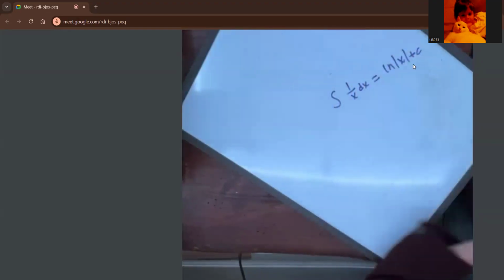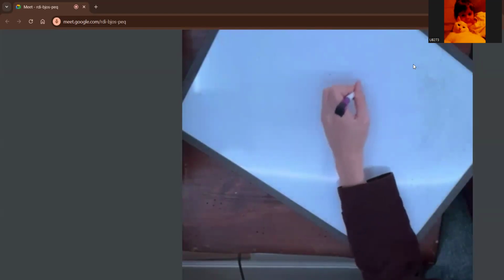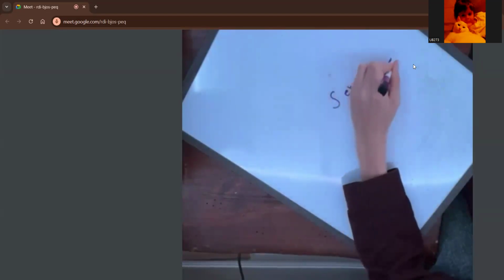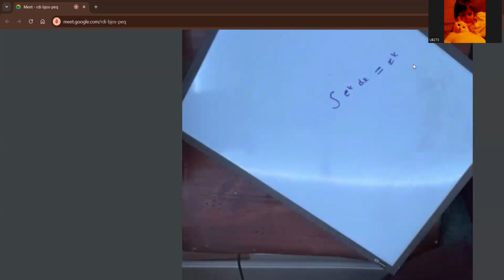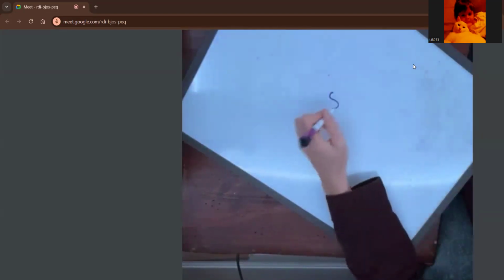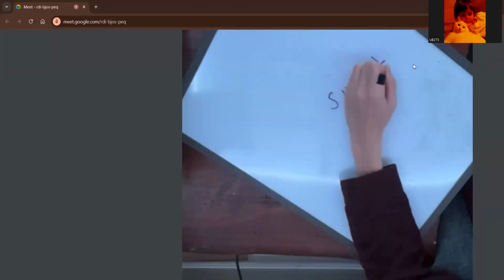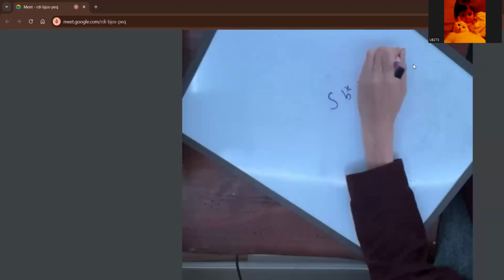Don't forget that absolute value. Then if you have this, it's still just e to the x. Then if you have b to the x, it's going to be 1 over ln of b times b to the x plus c.